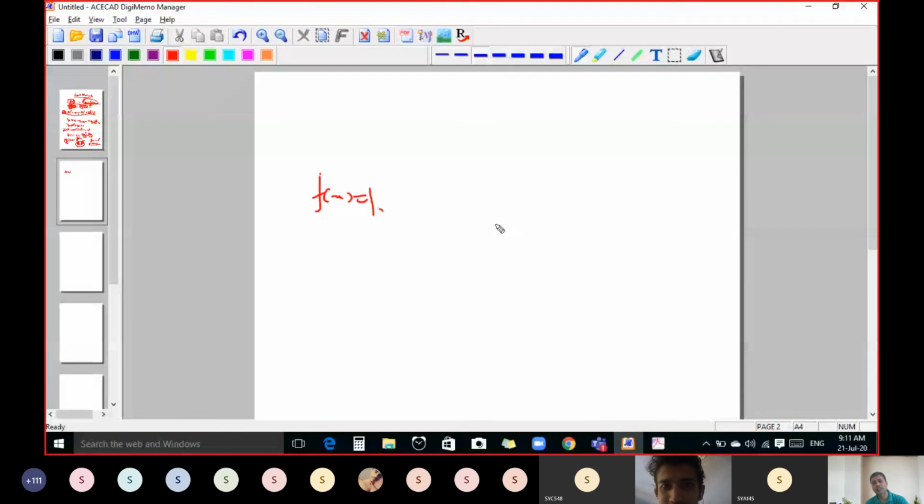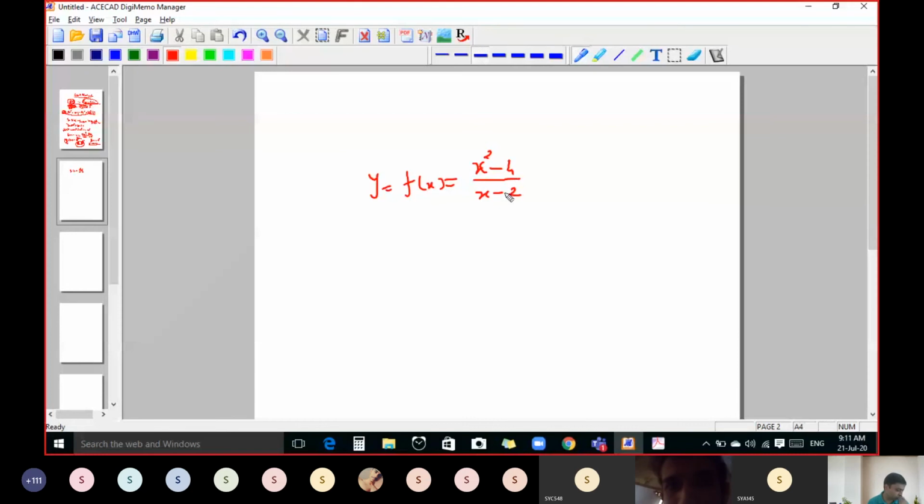Now let us discuss one simple function, f of x equal to x square minus 4 upon x minus 2. This is one function. Let us say y equal to f of x equal to x square minus 4 upon x minus 2.